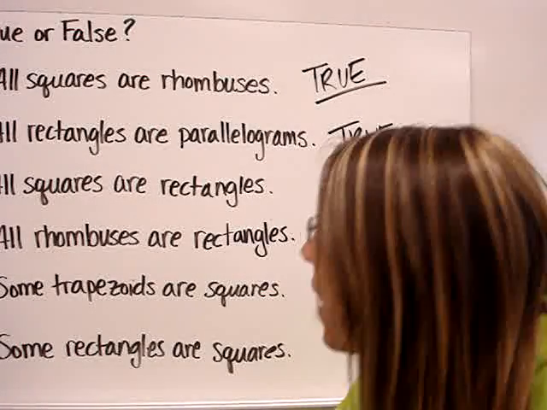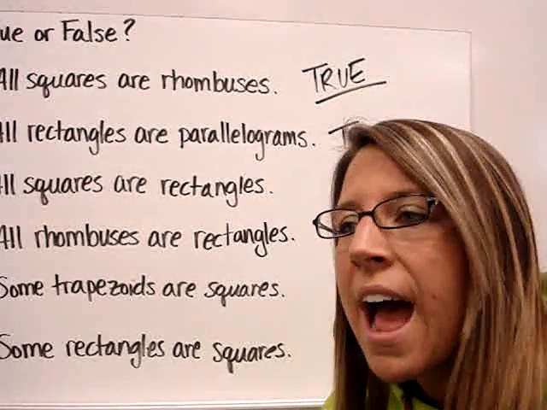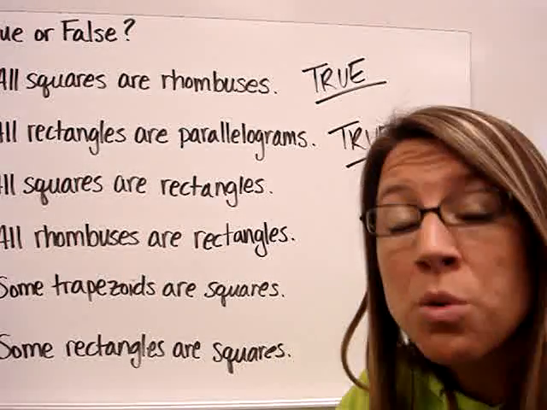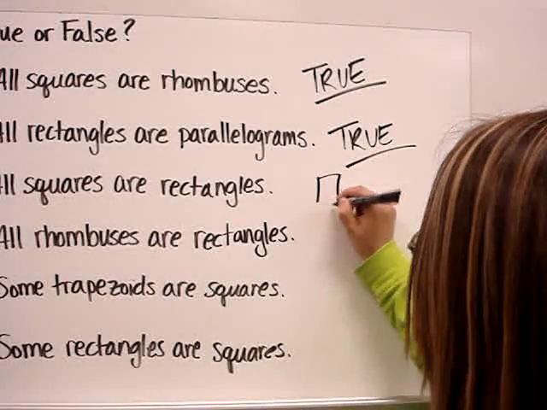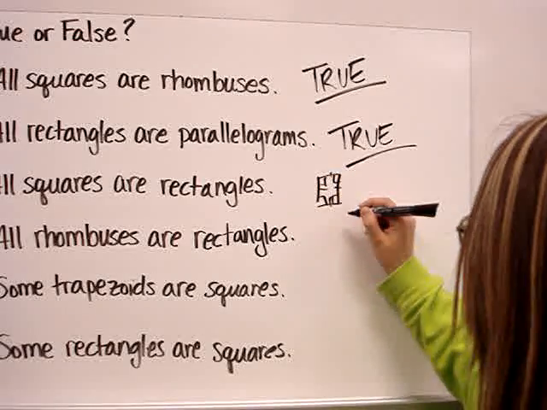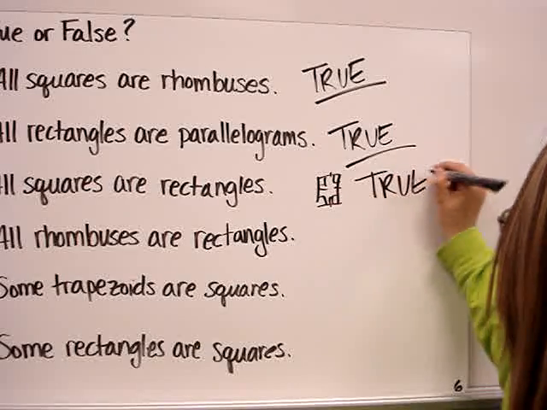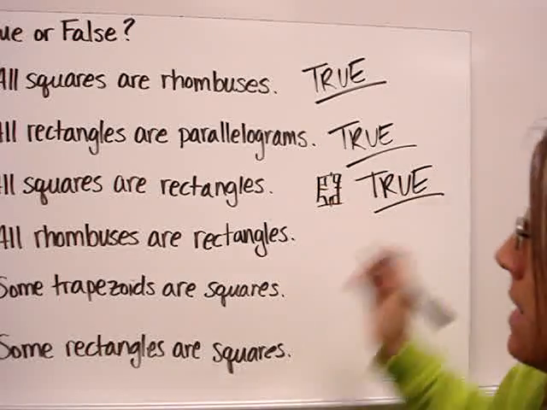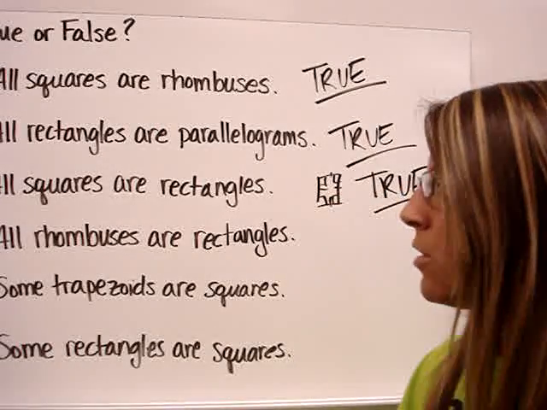Now, all squares are rectangles. Well, all squares have opposite sides that are congruent. All squares have 4 right angles. And this is definitely a rectangle, so the answer is true. Now, are all rhombuses, or rhombi, rectangles?